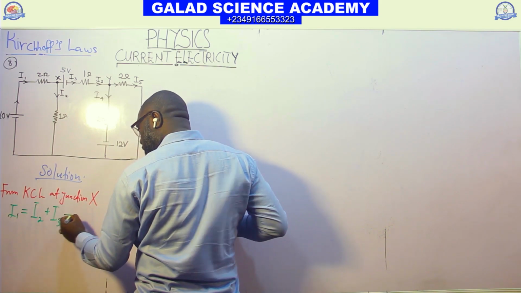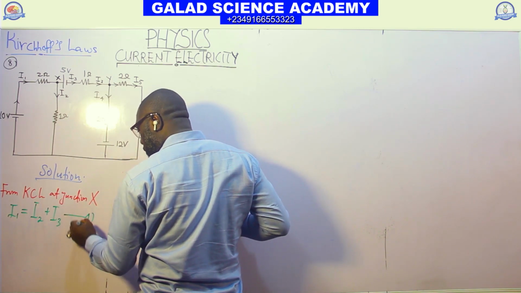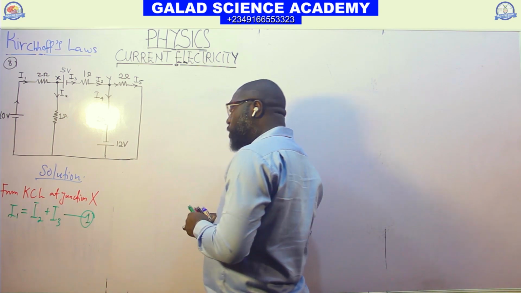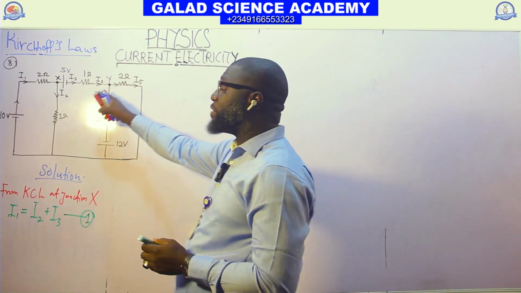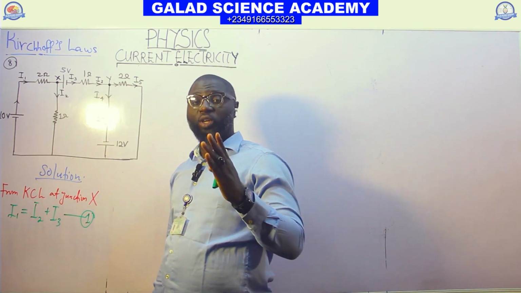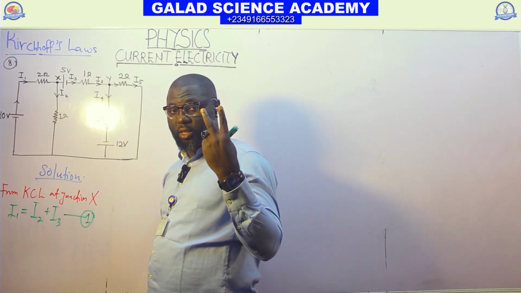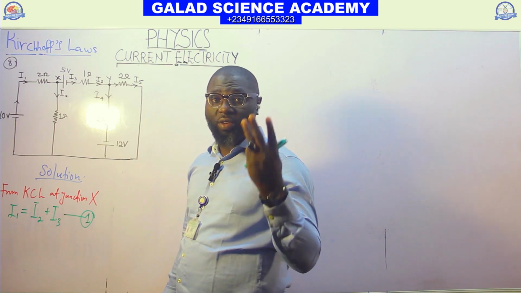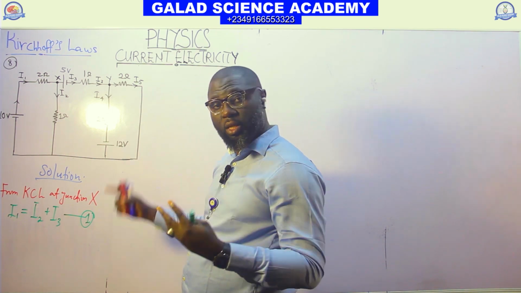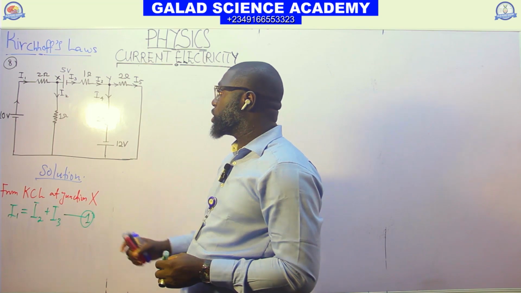Junction X, we call it equation 1. Because we have 5 unknowns here, our equation must be 5. If we have 2 unknowns, the equation must be 2. If we have 3 unknowns, the equation must be 3. This is equation 1.